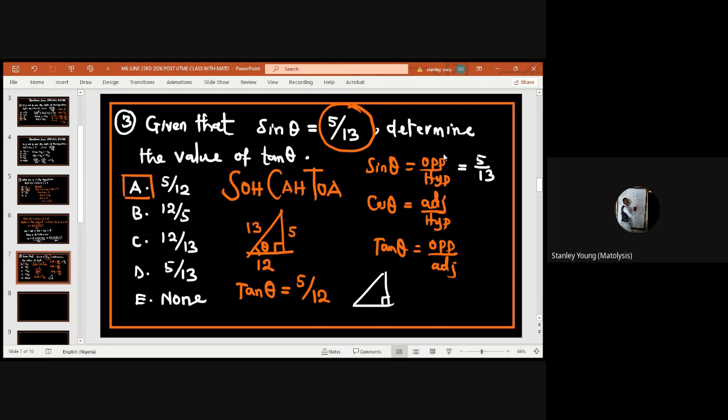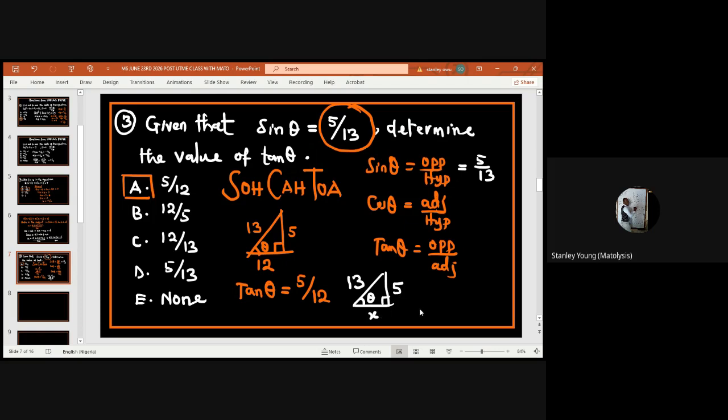So that means the opposite is 5 and the hypotenuse is 13. If I label my theta in a triangle, the opposite, which is the one facing theta, is 5. The hypotenuse, which is the one facing the 90 degree angle, is 13.